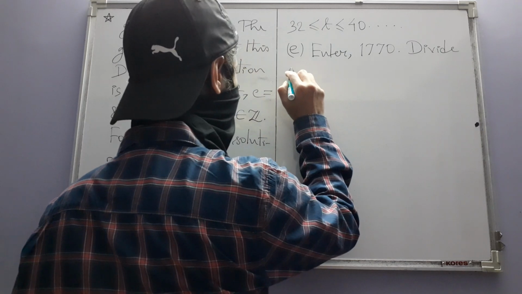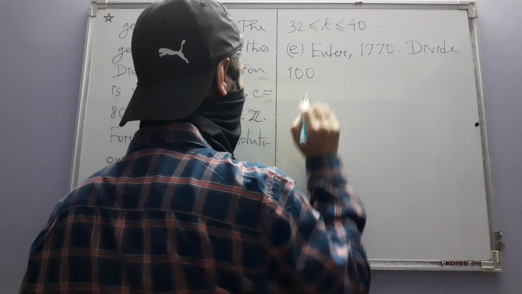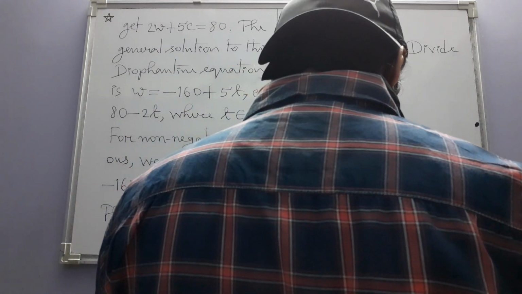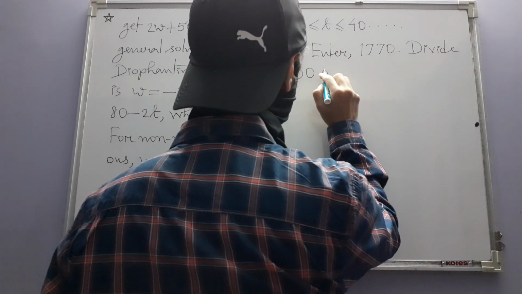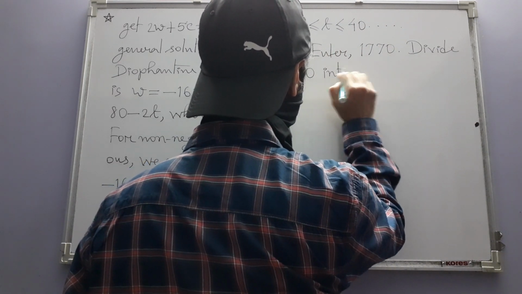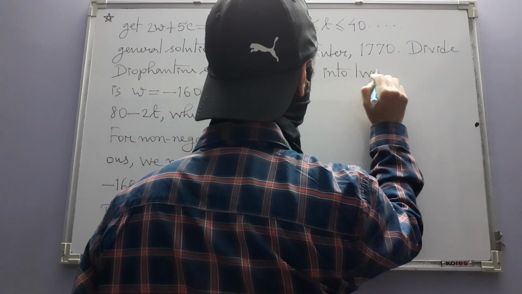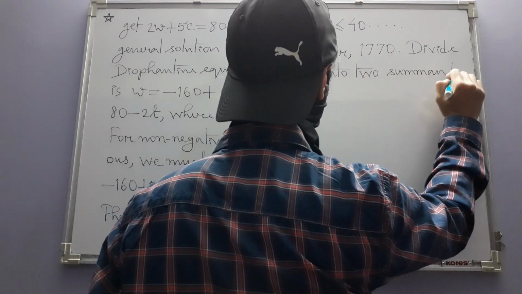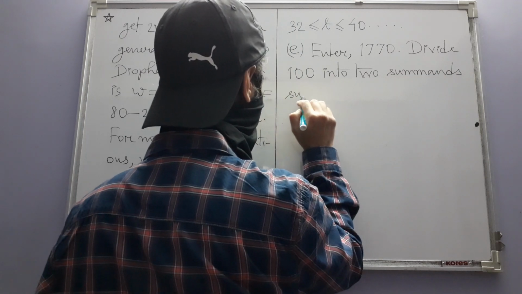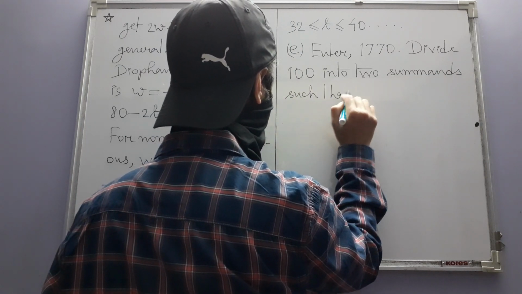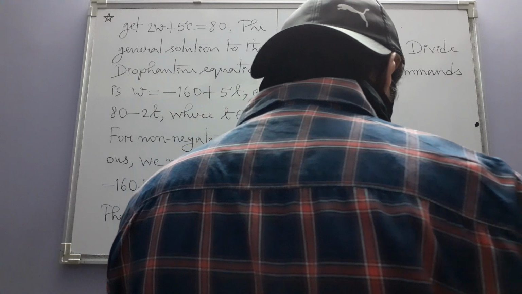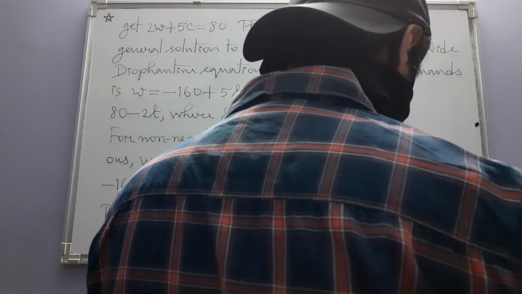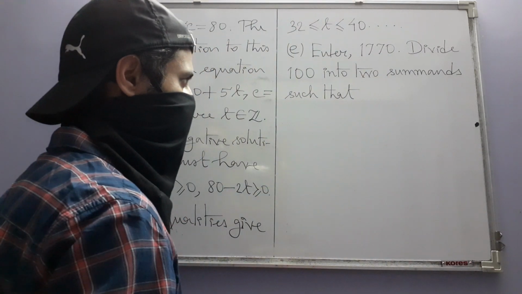Divide 100 into two summands such that one is divisible by 7 and the other by 11.